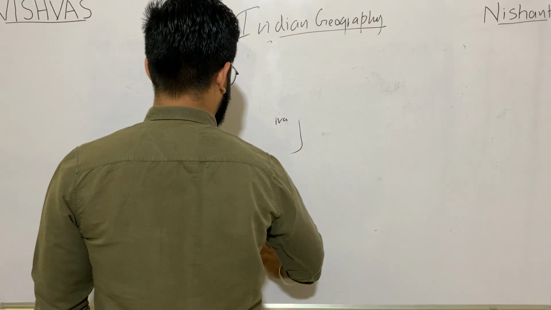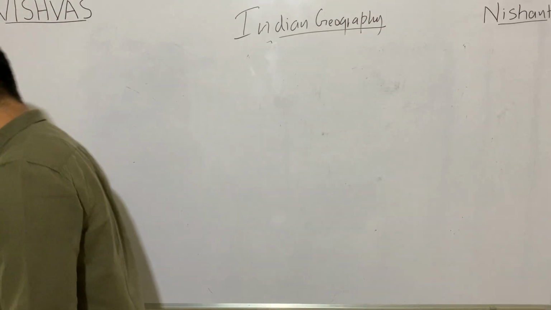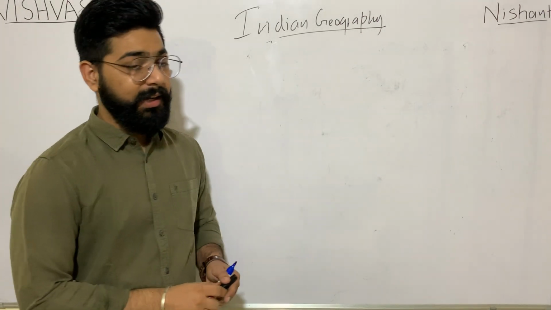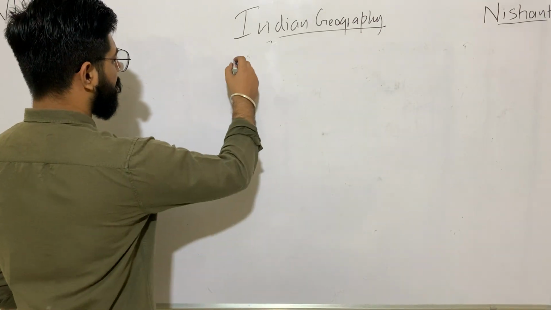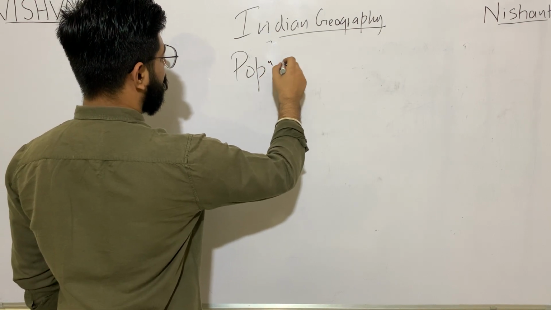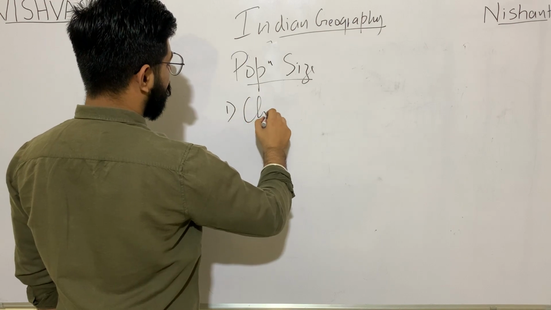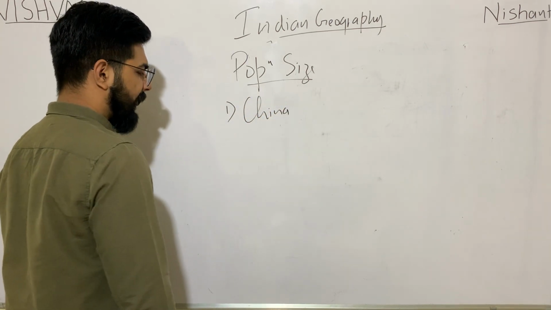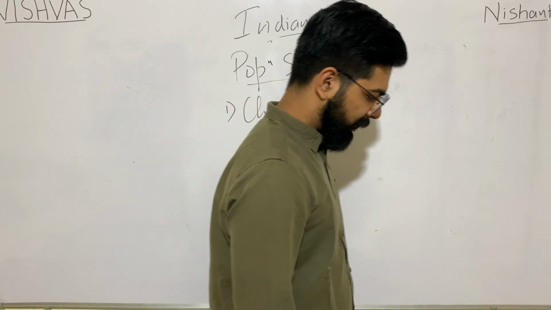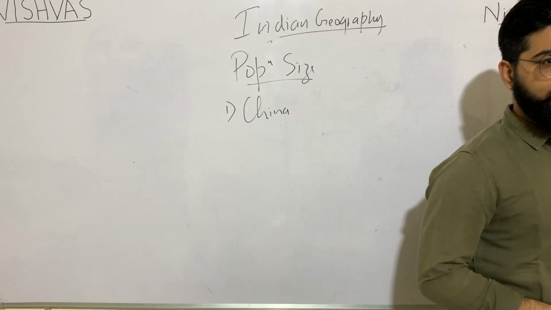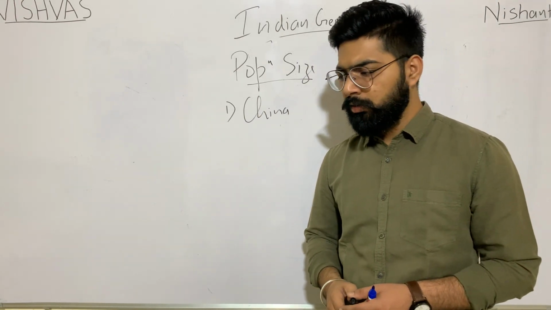Now, what is the population size of India? As per population, India falls in second place. First we have China. As per United Nations, it is 1.43 billion.